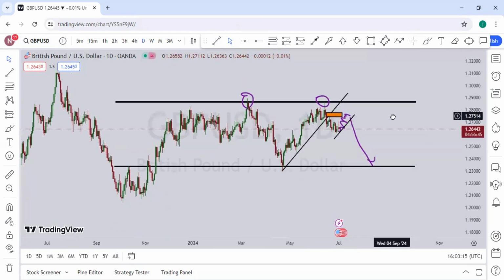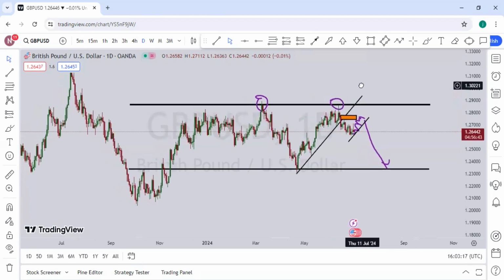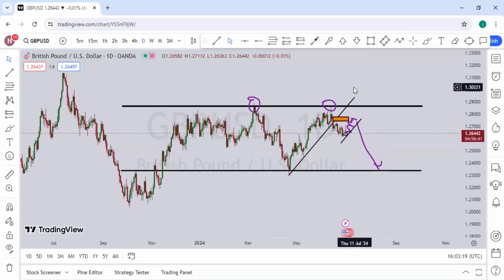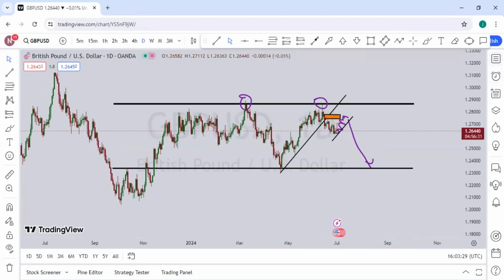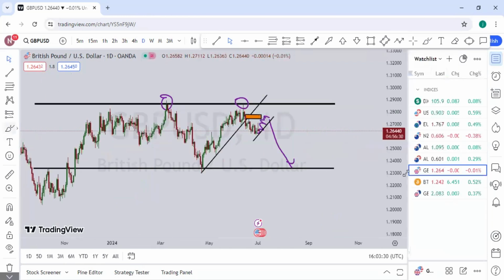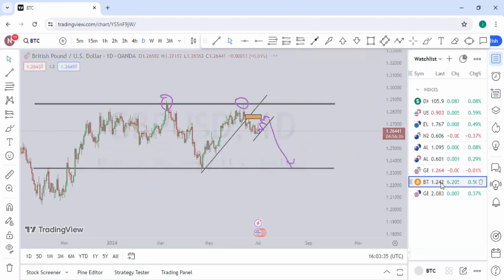So I will be more vigilant to see which pair is telling me the truth and which pair I'm going to enter. But for now, this is what I'm expecting on GBP USD.